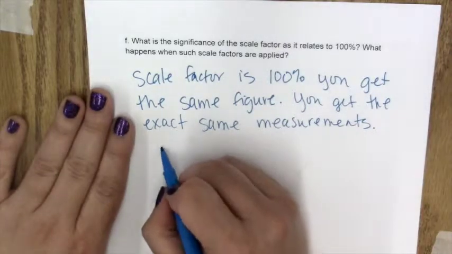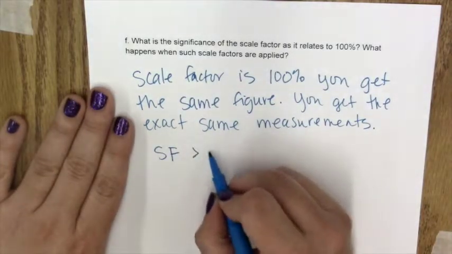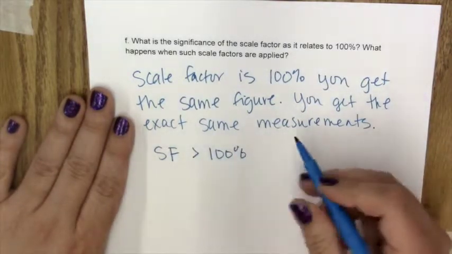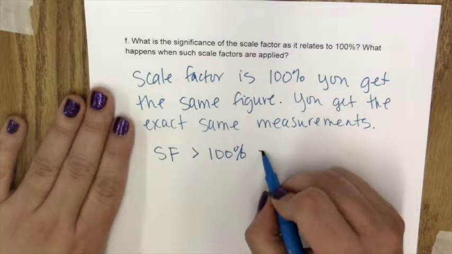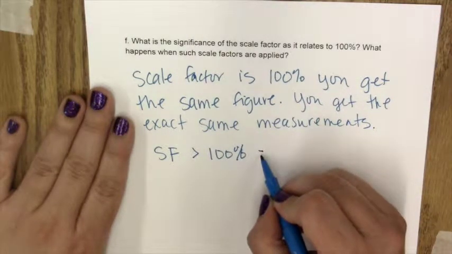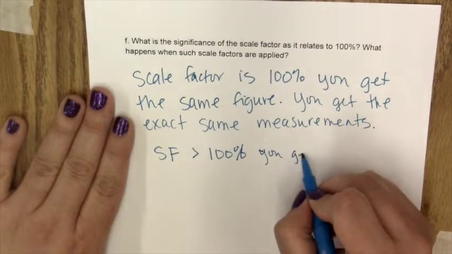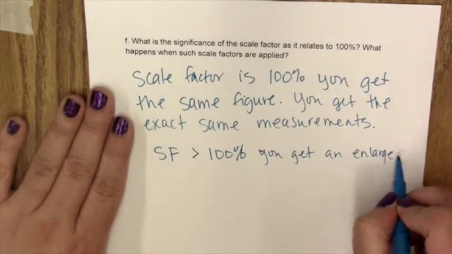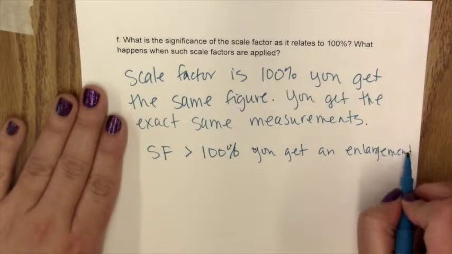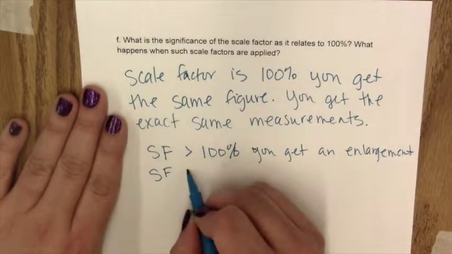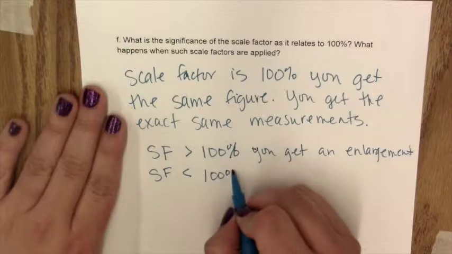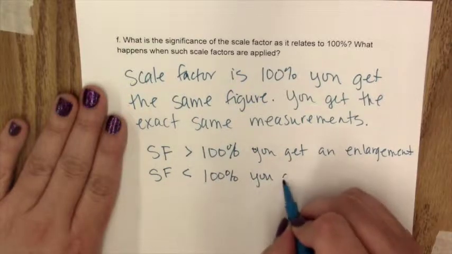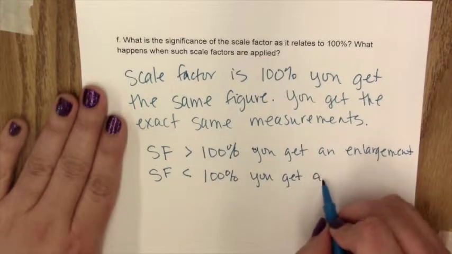And on our previous questions, we talked about if that scale factor is greater than 100%, you get an enlargement. And if our scale factor is less than 100%, you get a reduction.